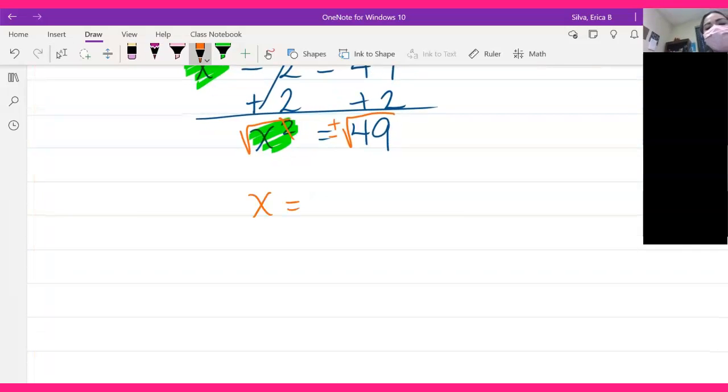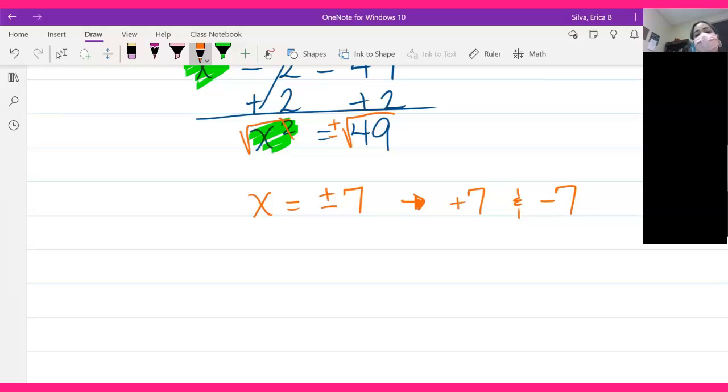So we get x is equal to plus or minus the square root of 49, we get 7, which means we have a positive 7 as a solution and a negative 7 as my solution. All right, that takes care of our first step of our success criteria.